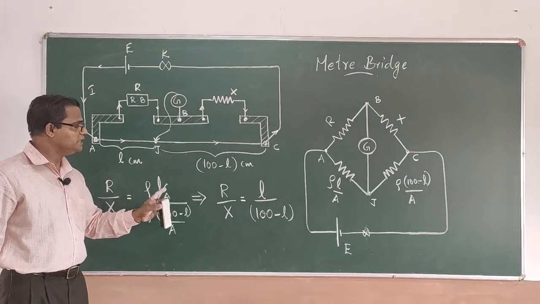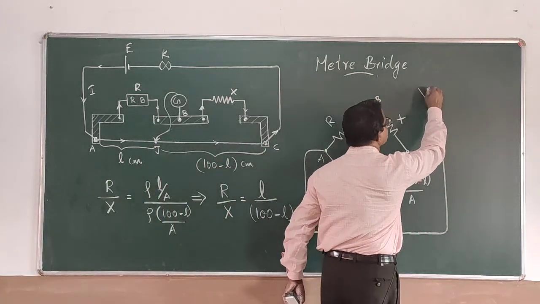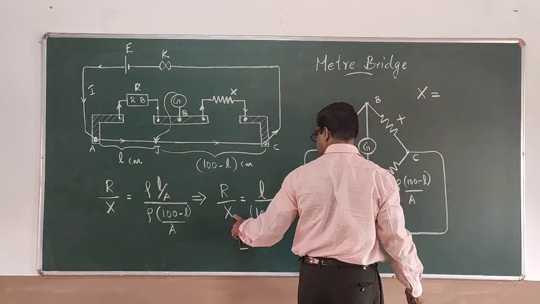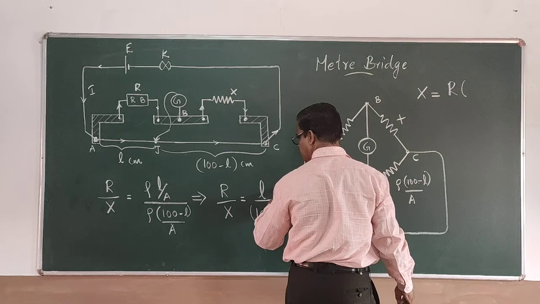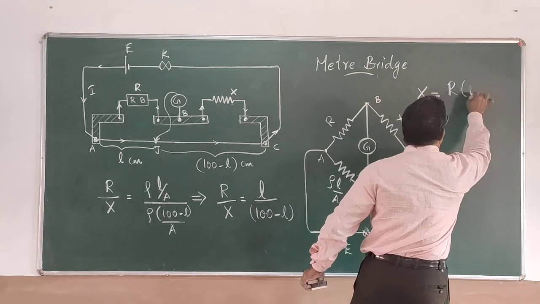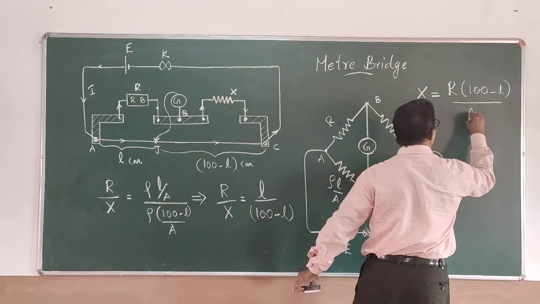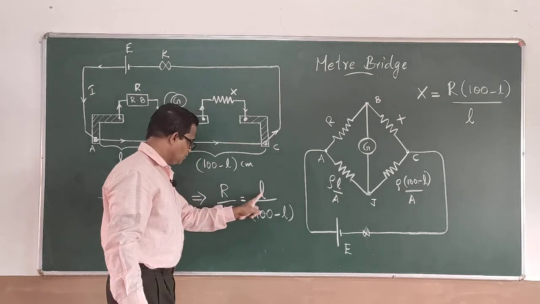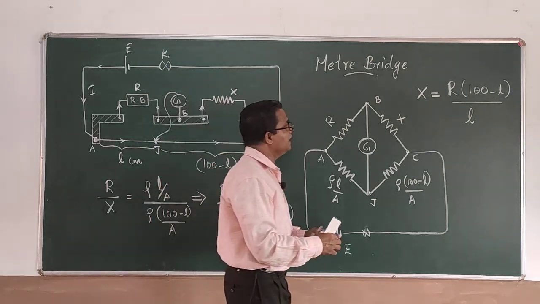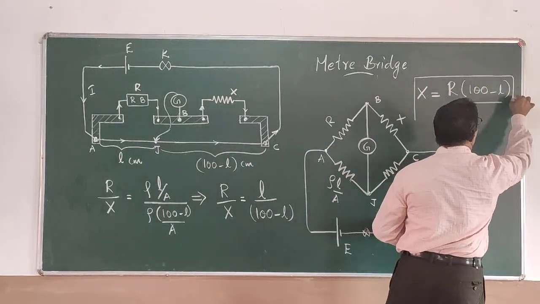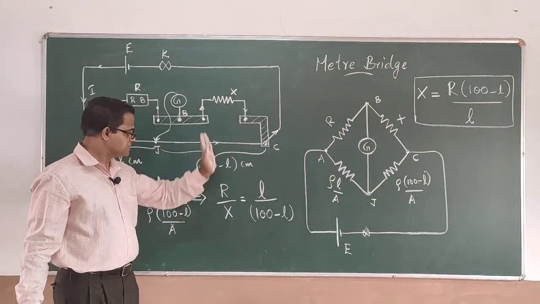Therefore, the unknown resistance X will be equal to R into (100 minus L) divided by L. So this formula you can use for finding the resistance X from this.